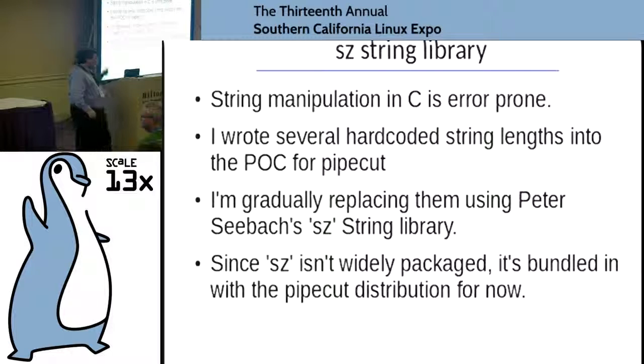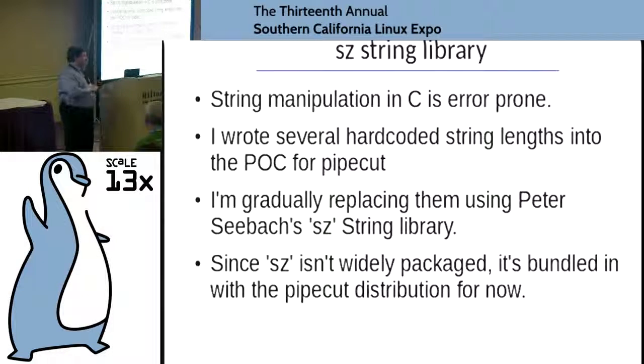I'm using a string library in both libpipecut and the front end called SZ, which is written by a fellow NetBSD developer named Peter Seebach. It's not very widely known. I went looking for, everybody knows that string handling in C is terrible, right?